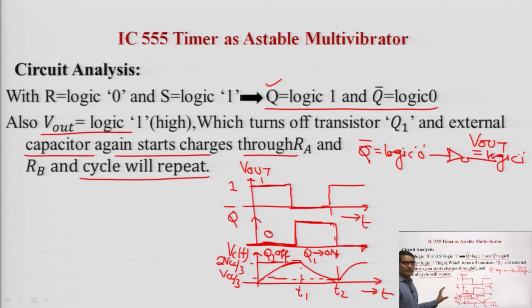This phenomenon will repeat in case 1 and case 2, and the cycle will repeat. The output will be a square wave. The astable multivibrator generates a square wave at the output, depending upon the charging and discharging of the external capacitor.